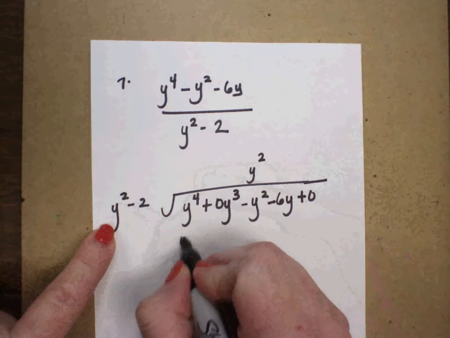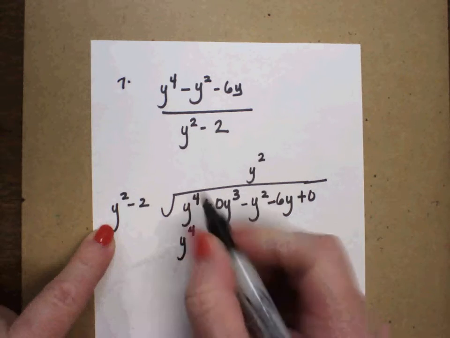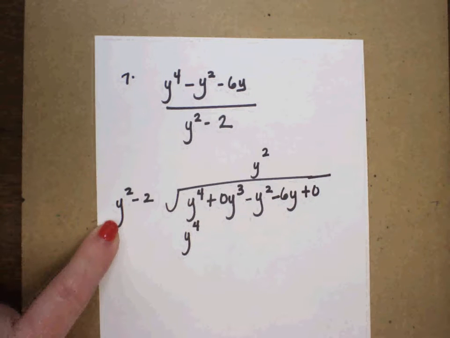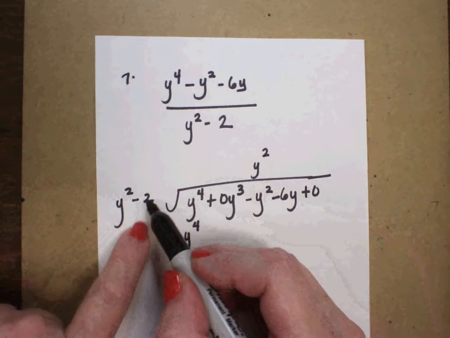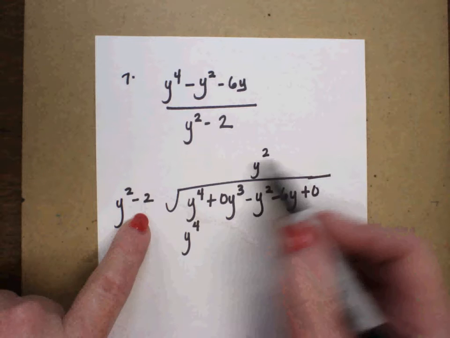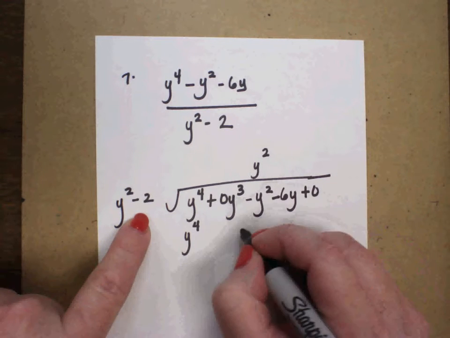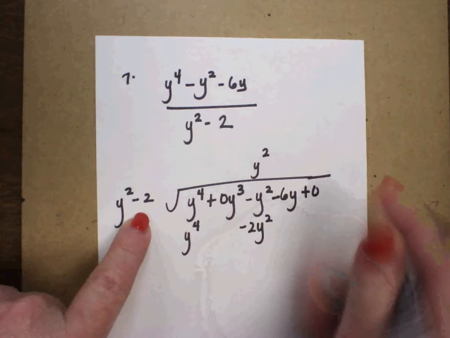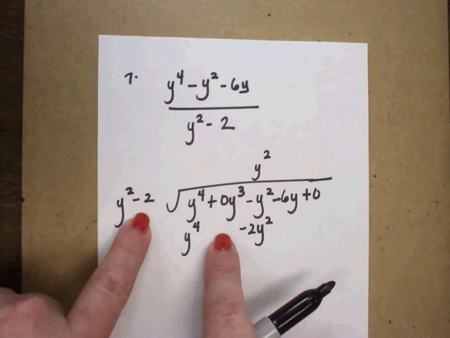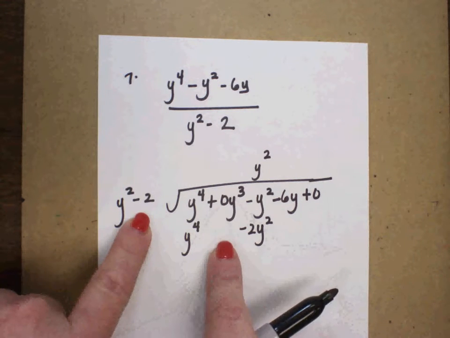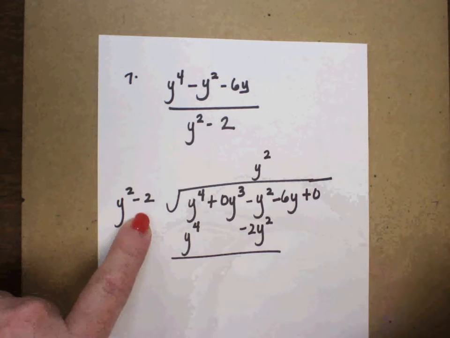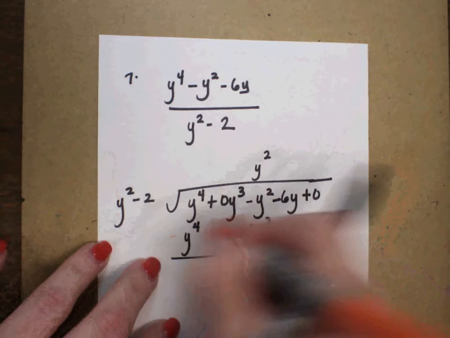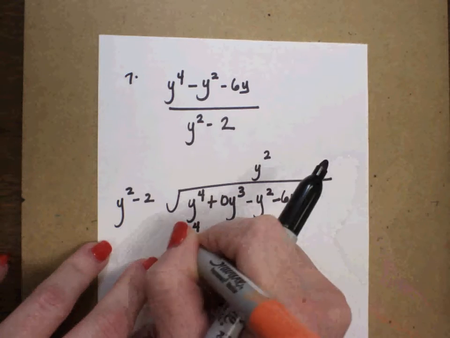And then what's negative 2 times y squared? Why did I write it over here and not in the middle? Because that's just y0, y3. Very good. That's y cubed. Alright, so that cancels. I don't have any of those, so I'm good to go.